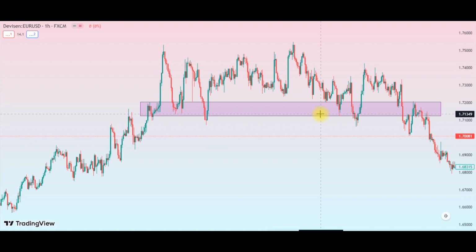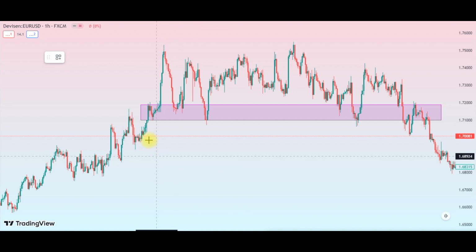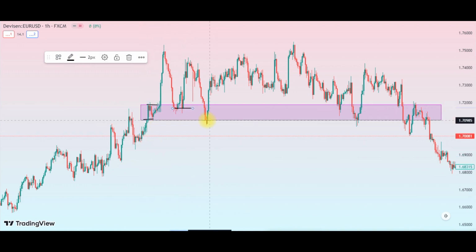So let's take a look at number 1. We have swinging highs and lows in this area. We also have multiple rejections from this area. And our level is kind of obvious since it's the lowest low in this sideways range up here.